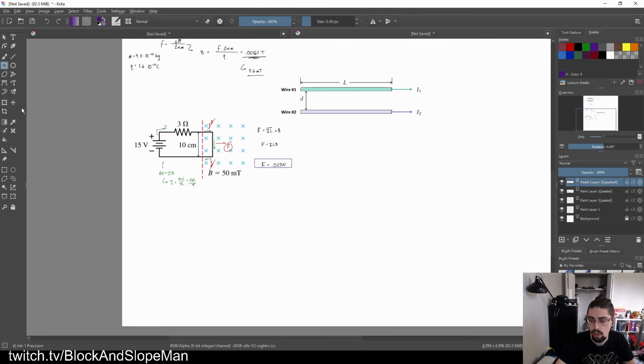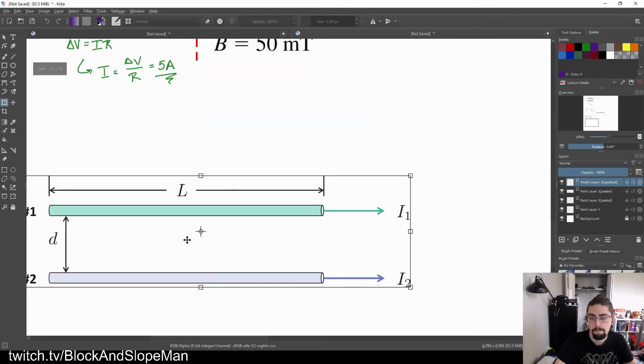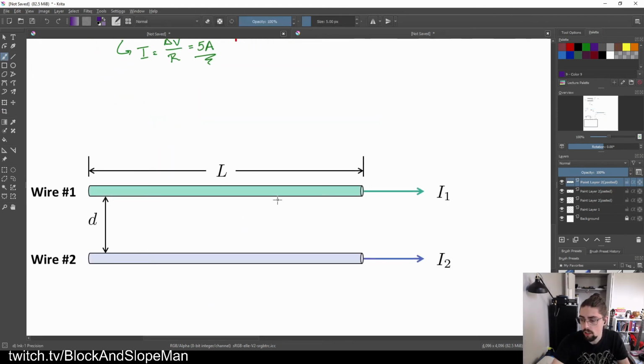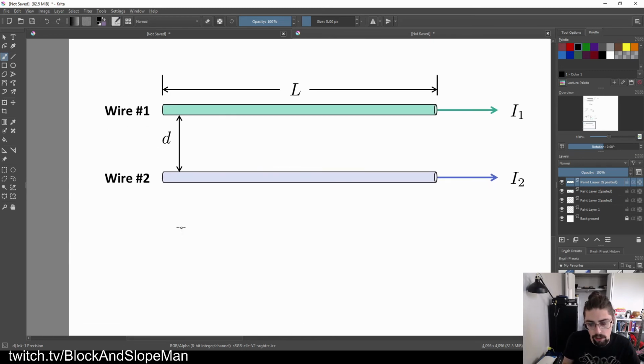As I'm looking for some sort of force, let me start there. I know there's going to be a magnetic field acting on wire 2. I'm looking for the force on wire 2, so we say force on 2 is I2, because the force acting on the charges moving through wire 2, L cross B. Now, where does that B field come from?